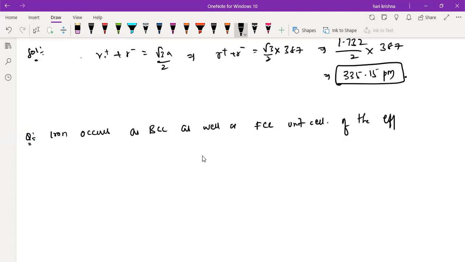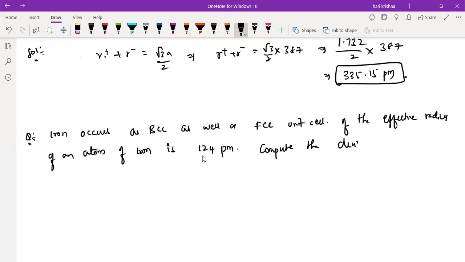If the effective radius of an atom of iron is 124 picometers, compute the density of iron in both structures.